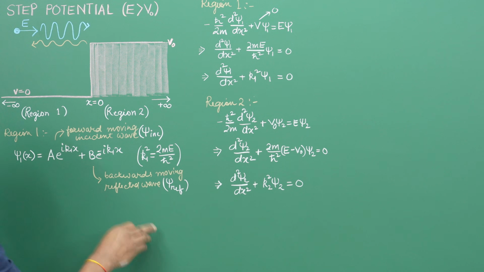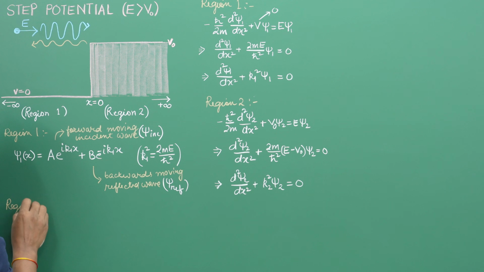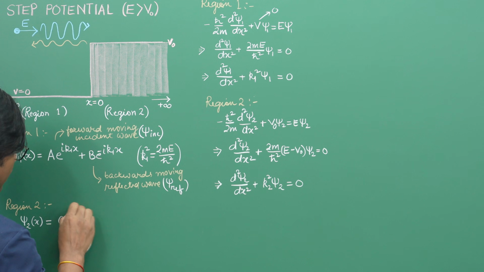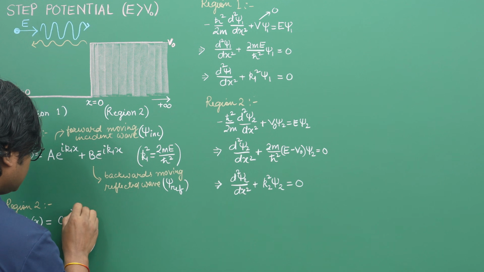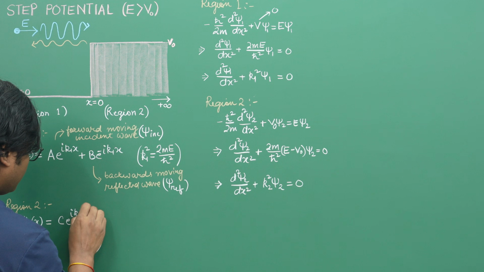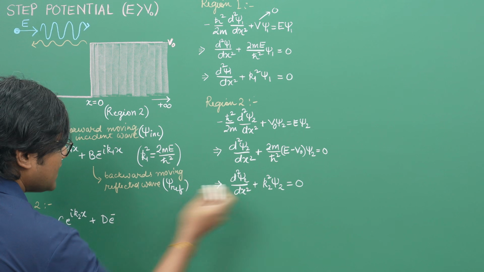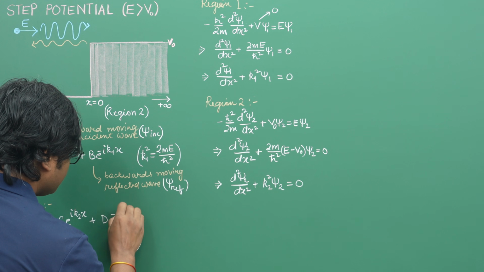So let's look at region number 2 now. What is the nature of the solution? Psi 2 is equal to, let's suppose, some constant C e to the power iota k2x plus D e to the power minus iota k2x.